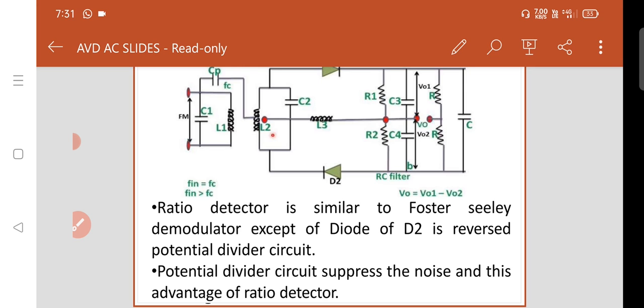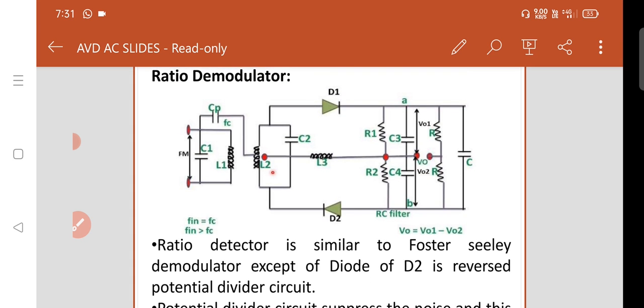Because in previous methods, it responds to a little bit of amplitude variations in the input side, which is actually not needed. That's why we developed step by step different methods. In this method, it does not respond to the little bit of amplitude variations.